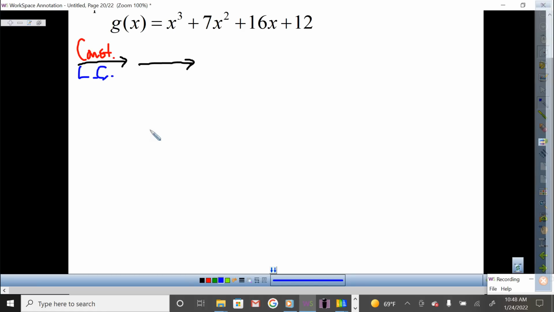Okay, before you get going with the work, tell your neighbor what your fraction is up to right there. Yeah, 12 over 1. So, factors of 12. 1 times 12, 2 times 6, 3 times 4, plus or minus.